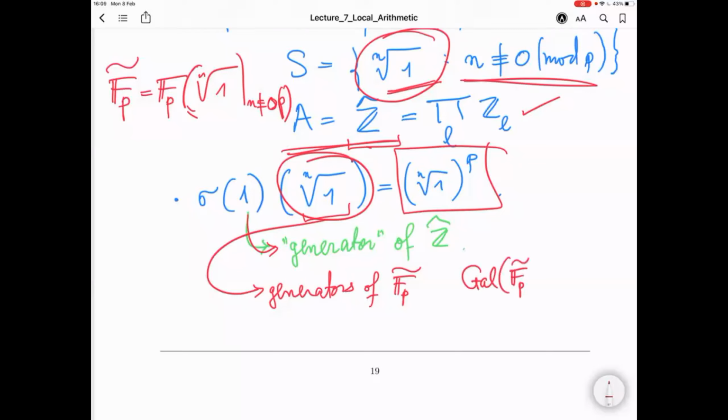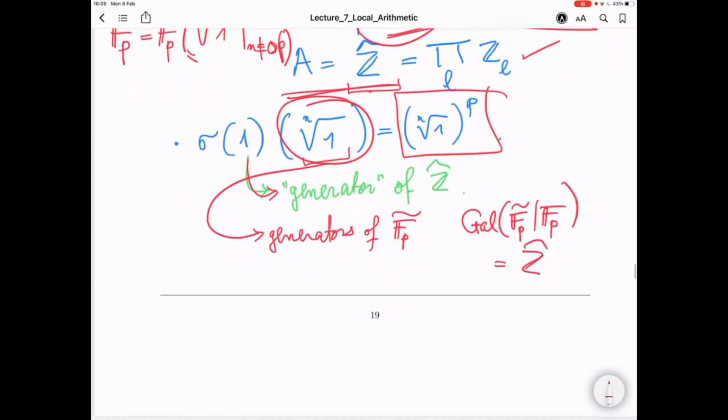Yeah, I'm saying Z hat. If you take this Galois group, it's equal to Z hat. Yes, that's right. So I've not proved it, but this is usually proved in courses on Galois theory. Okay, so take my word for it today.